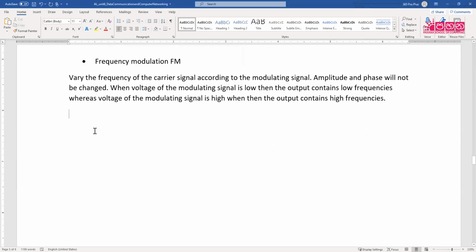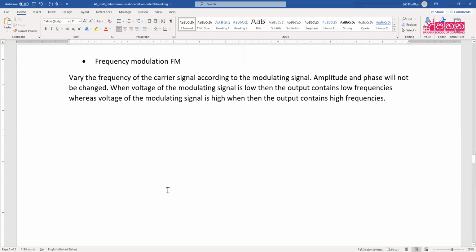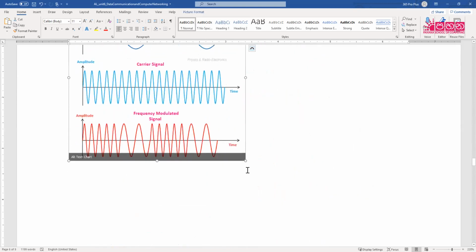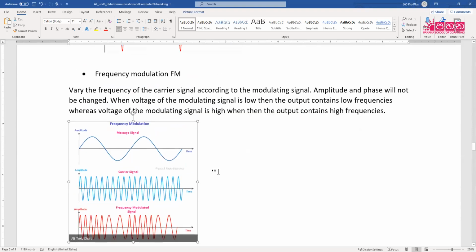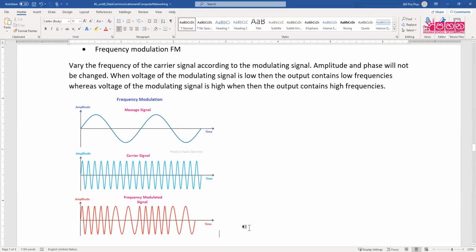So we can say that, yes, in frequency modulation, this is the original signal, the message signal that we want to pass, and this is a carrier signal, it's a high frequency one.